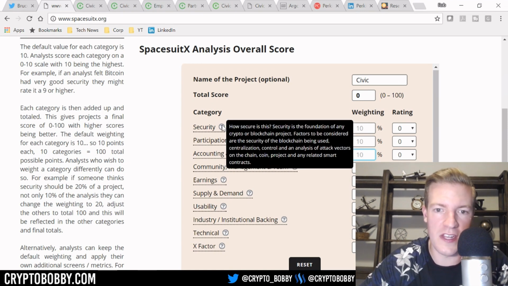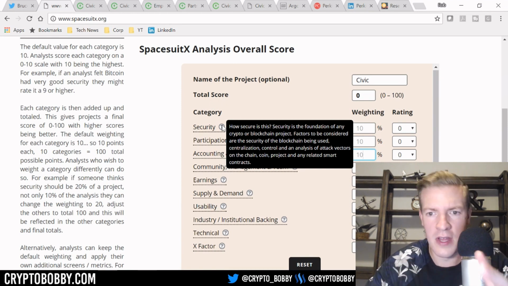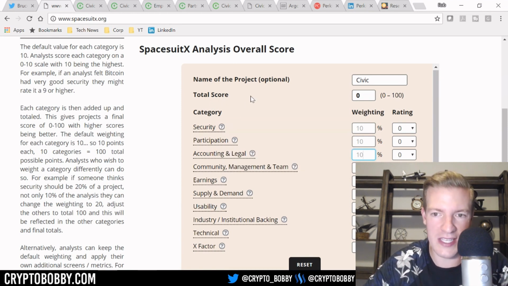The first thing we want to see is security. That's really about how secure the project and the blockchain are. Is it heavily centralized? Are there a lot of potential places to be attacked?